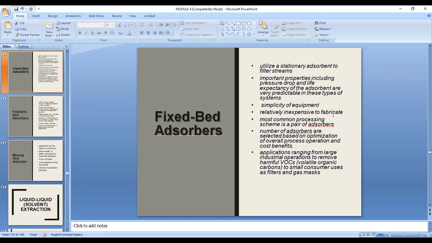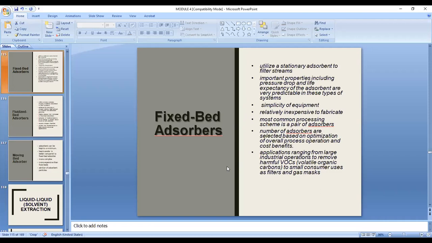So it is simple and relatively inexpensive, easily fabricated. The most common scheme consists of a pair of adsorbers. Now you have a pair of adsorbers here, class, because once the adsorbent in one batch, or let's say you have two batches, is already saturated, you need to have it regenerated.